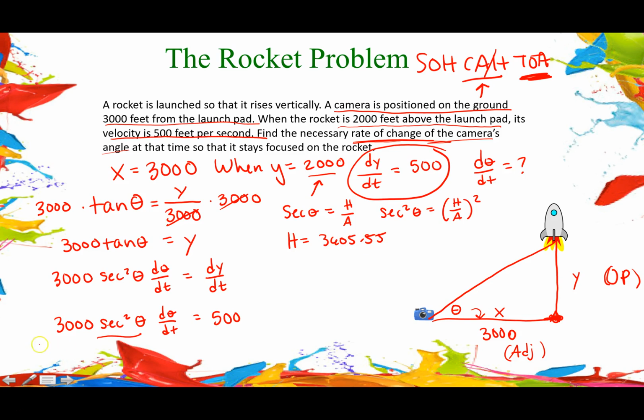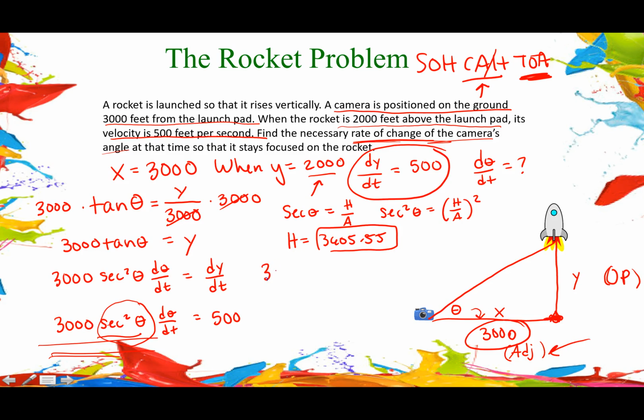Okay, so let's go back to this formula right here. What is secant squared theta? Secant squared theta is going to be the hypotenuse, which is this, divided by your adjacent, which is this. See how I say adjacent here?